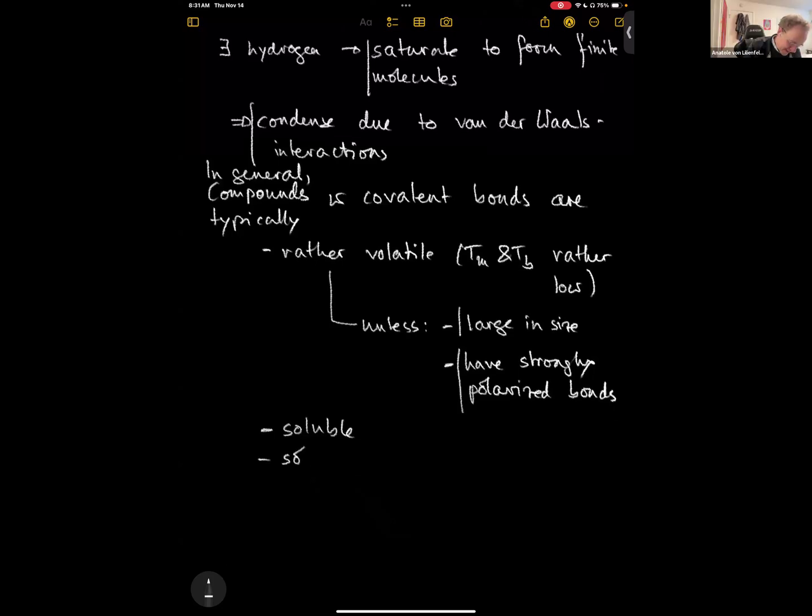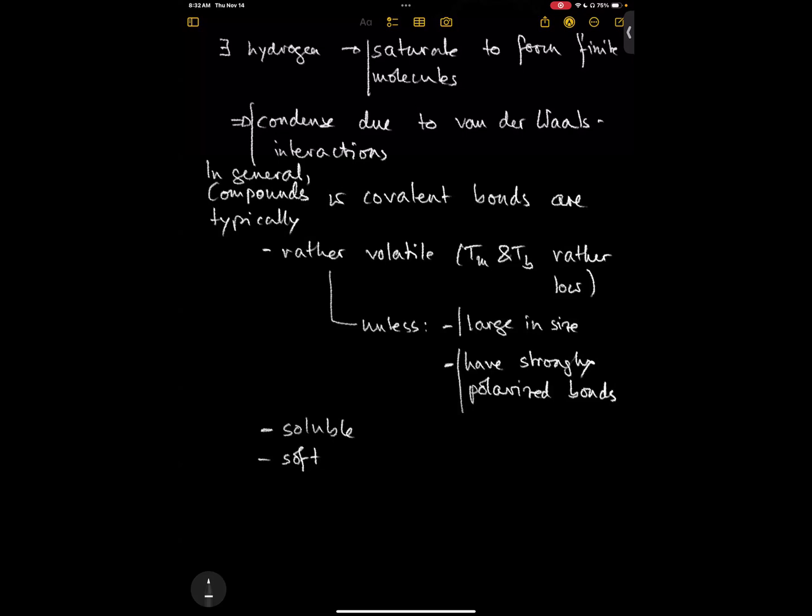They tend to be soft. If you have a crystal made of molecules, the van der Waals interactions are so soft and not directional that on the macroscopic level these are not hard materials.